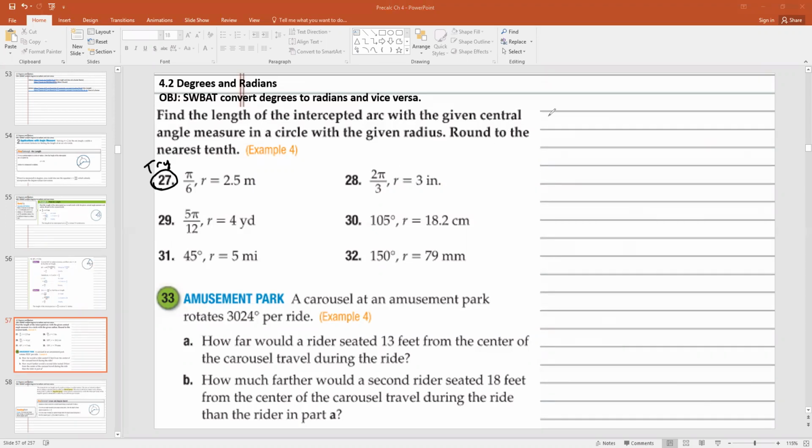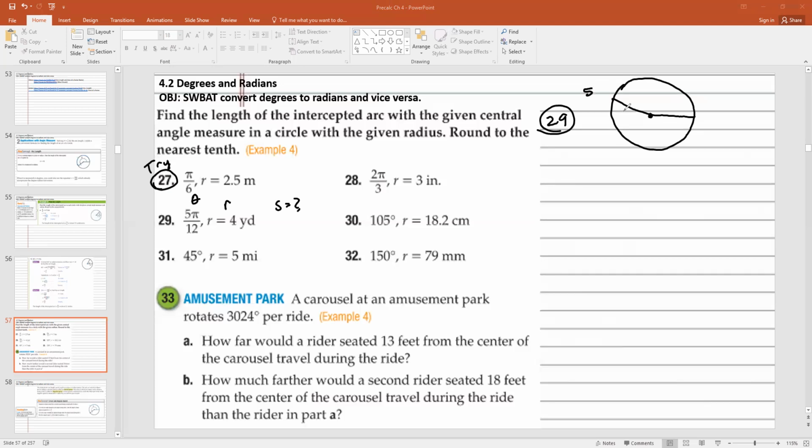Okay, so here's 29. We're given theta, and we're given r. We want to find s, the arc length. If you want to draw what this looks like, it's going to be almost half a circle, because we have 5 pi over 12, which is almost 6 pi over 12.